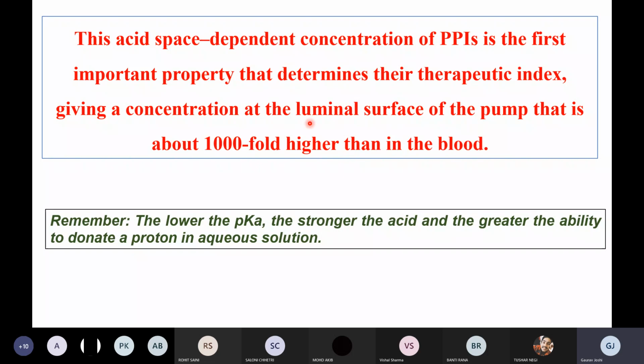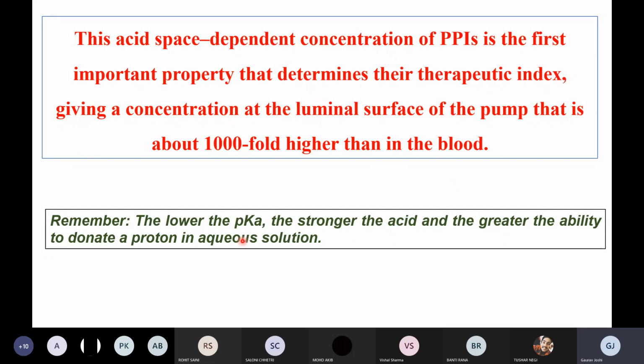So when we take the proton pump inhibitor and it goes inside the stomach, it gets protonated into the monocation form, which will not get absorbed into the blood. So the concentration of the drug at the parietal cell becomes very high compared to the blood.